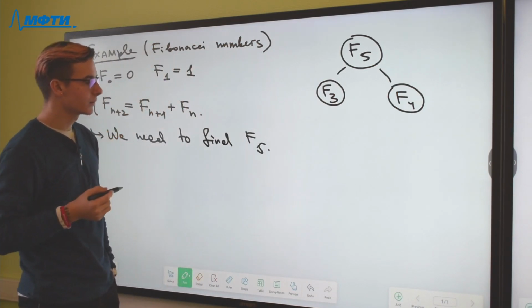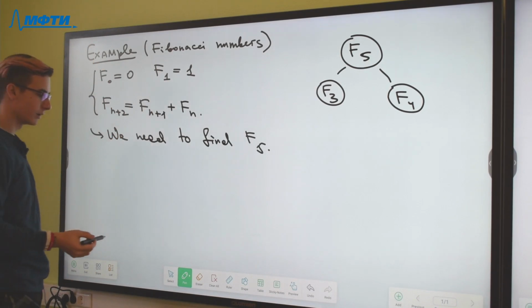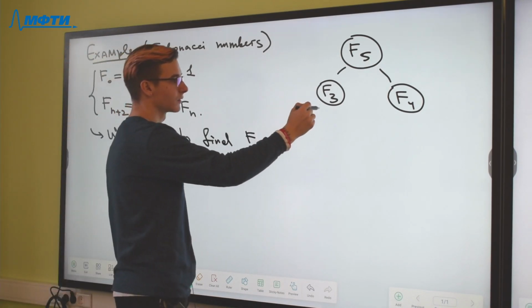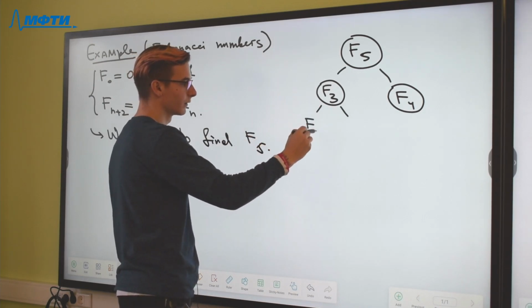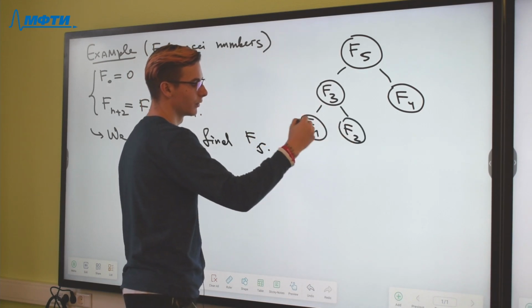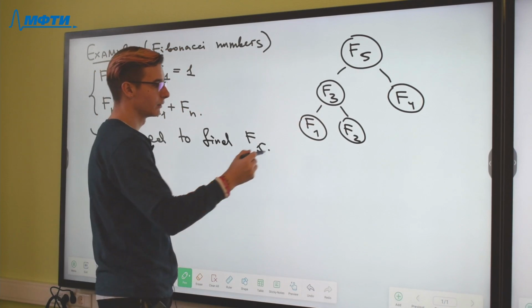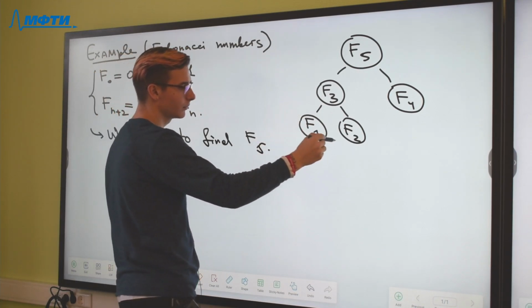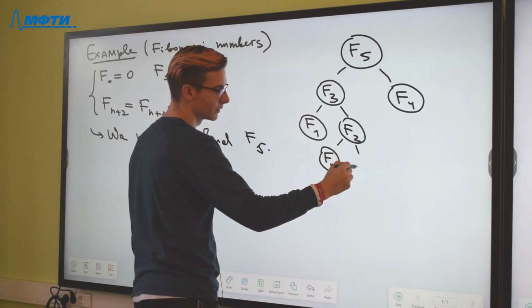Then we can say that we don't know f with the index 3, and we repeat this recursive algorithm. We say that it is equal to f1 plus f2. f1 we know, f2 we don't know, and we repeat it.